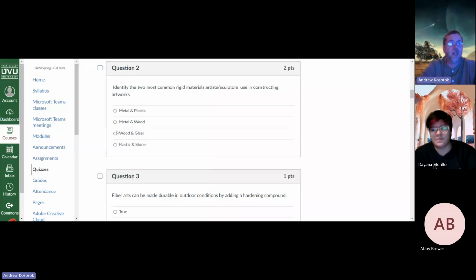So even though that's a really good answer, the answer that we're looking for is number 2. The 2 most common rigid materials are going to be metal and wood. And there's a couple of reasons for that. One is glass is relatively more recent than metallurgy.